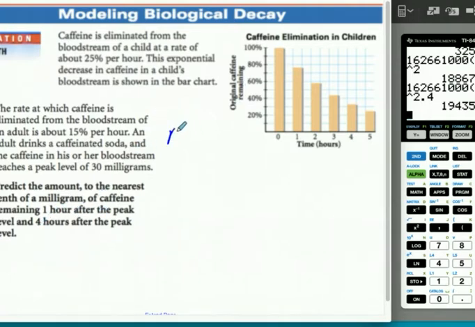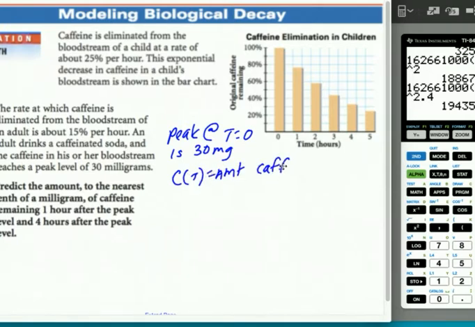Okay, so the peak is at the start of this problem, 30 milligrams. So that's our starting value. I'm going to say C of t is the amount of caffeine in the bloodstream, and t is time in hours since that peak, meaning t equals 0 is the peak.